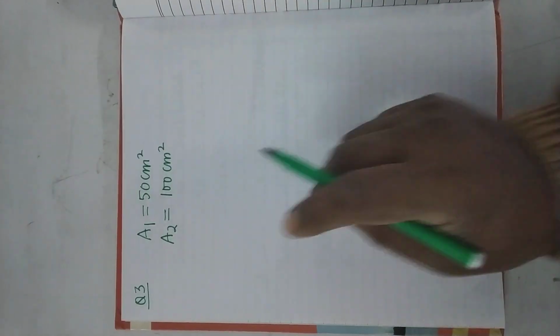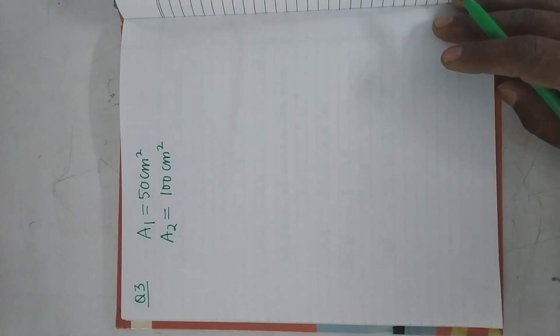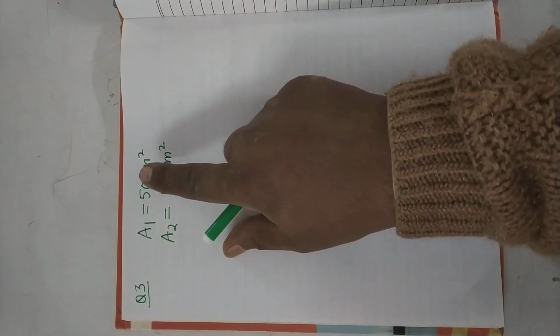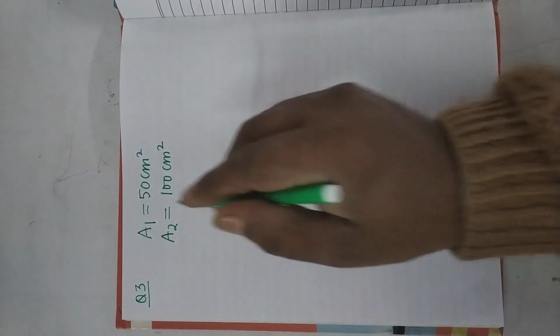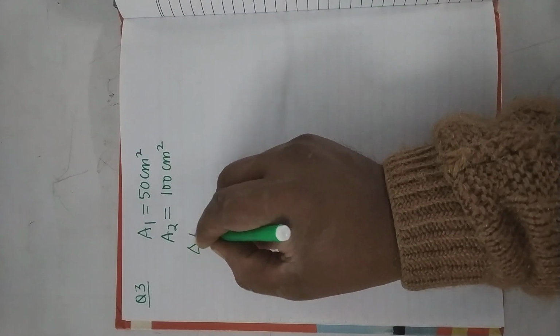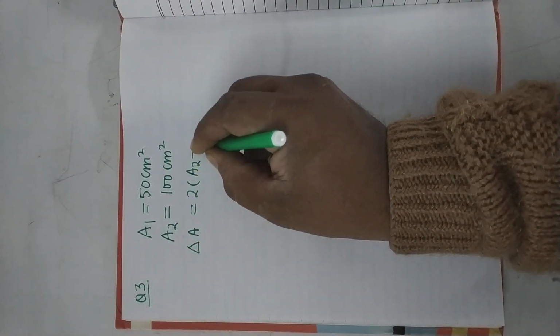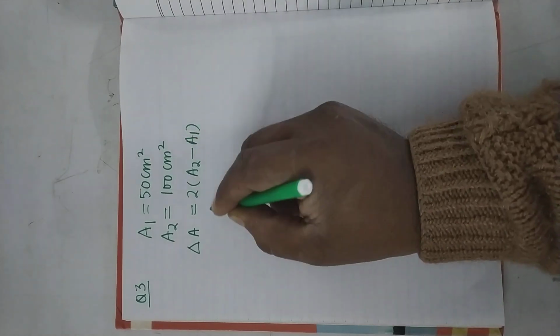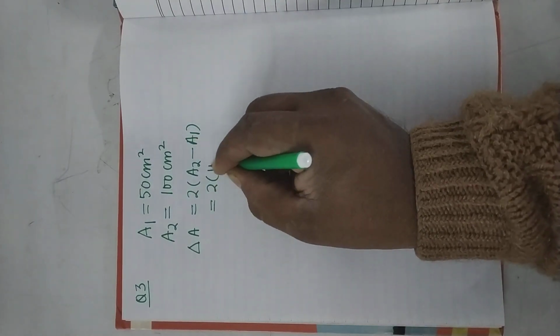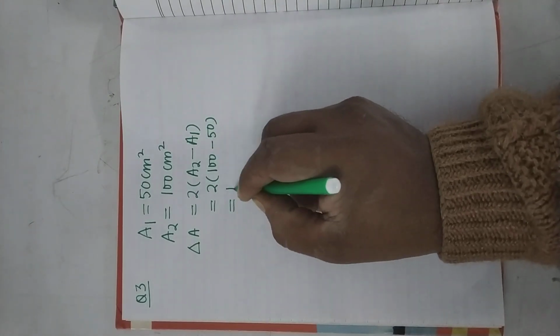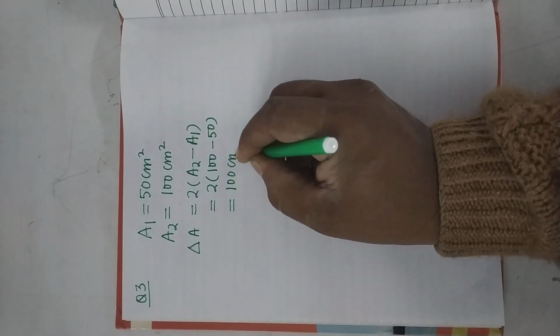So once again, what will be the net increase in area? The net increase in area will be twice the difference of these two. Means delta A will be 2 into A2 minus A1. That is 2 into 100 minus 50, which means it will be equal to 100 centimeter square.